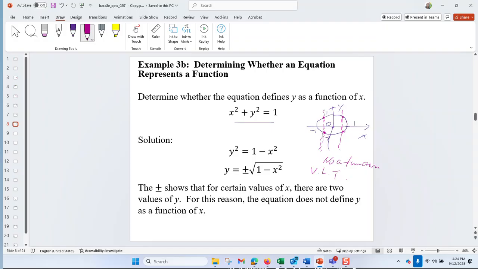When I draw a vertical line, it passes 2 points. Okay, if you draw anywhere, as long as one line passes 2 points, it is disqualified. All right, so if you draw several lines, they all pass 2 points. Okay. All right, so those are called the vertical line test, okay, for graphing.